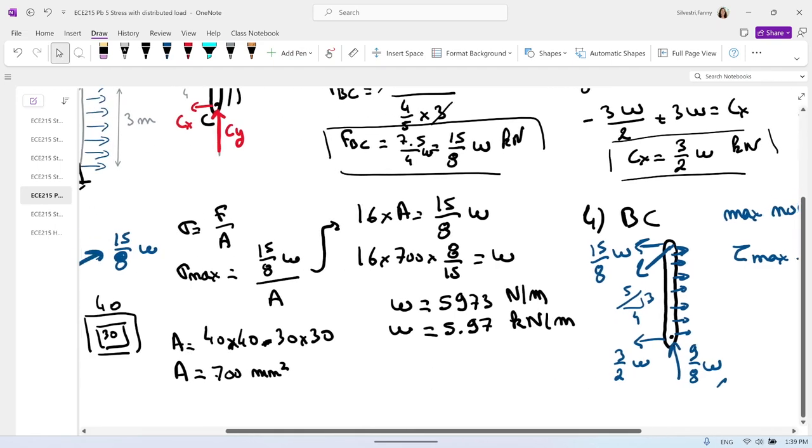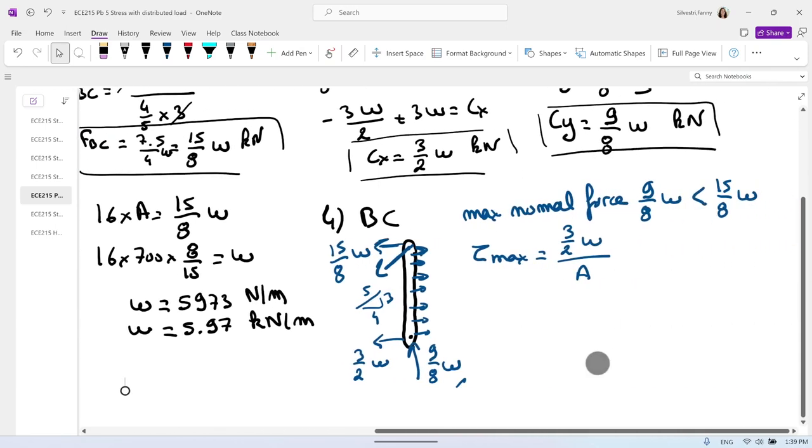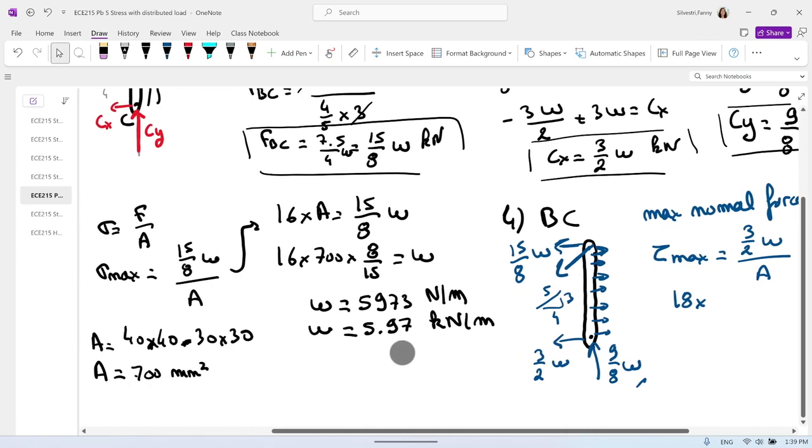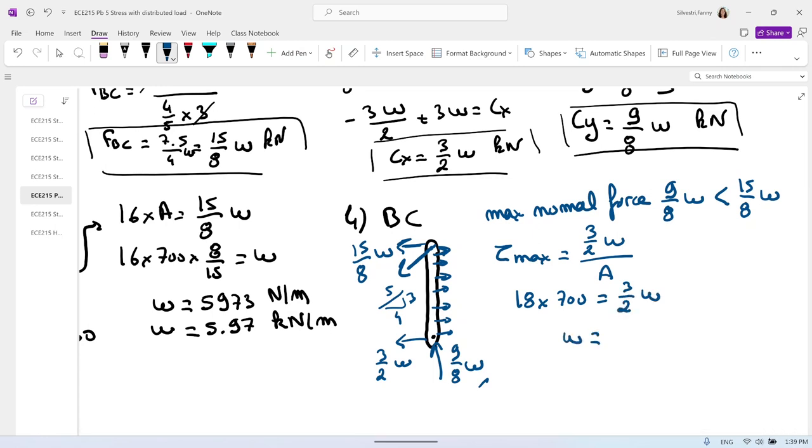The tau max for the shearing is different than for the normal stress, 18 megapascal. So we have 18 times the area, that was 700, equal 3/2 of W, and we get a maximum W of 8,400 Newton per meter. That is equal to 8.4 kilonewton per meter.